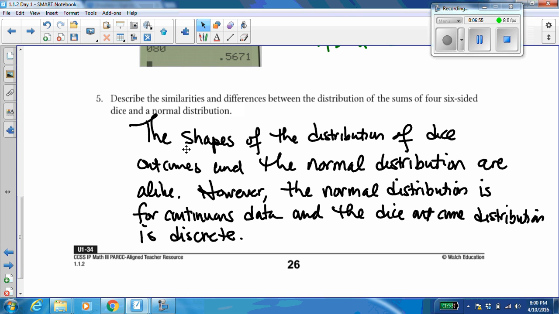There's no infinite possible sums between, let's say, 10 and 11. It's either you have a sum of 10 or you have a sum of 11. So that's really the big difference between a normal distribution and this probability distribution here, the discrete versus continuous.